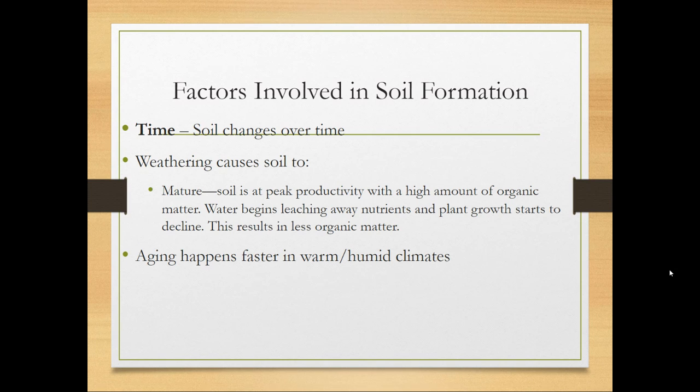As plants grow, they use those nutrients. So those nutrients have to be replenished, and this does happen naturally, but again, it's a slow process. Aging happens faster in warm and humid climates. What we mean by aging is soil losing those nutrients, plants growing to use up those nutrients. The more warm and humid the climates are, the longer the growing season is going to be, and the less downtime, so to speak, that the particular soils have.